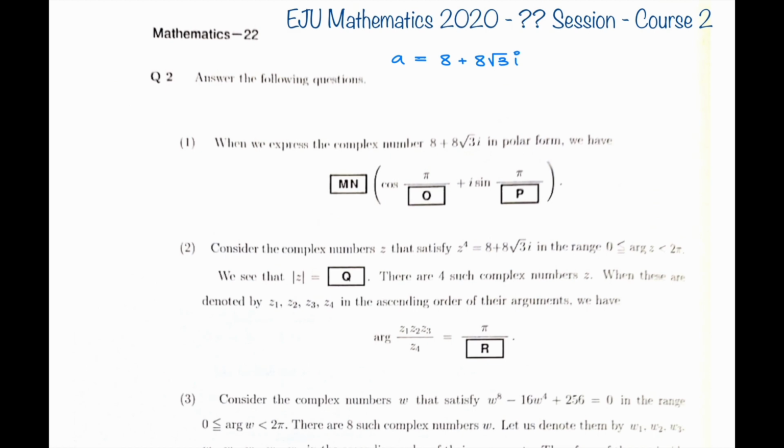If we want to express this complex number in the polar form, we need to find the modulus and argument. This is the modulus of the complex number, and this is the argument.